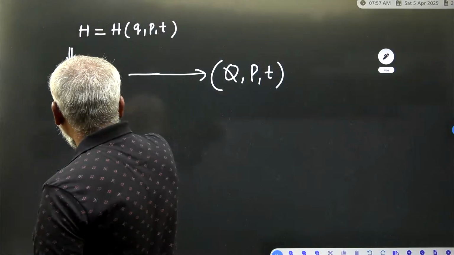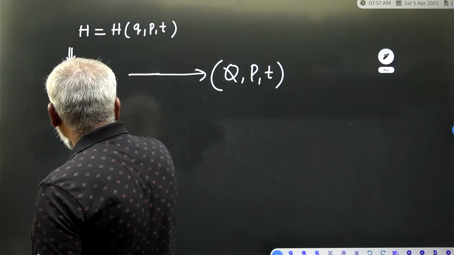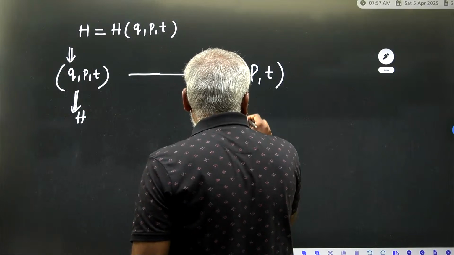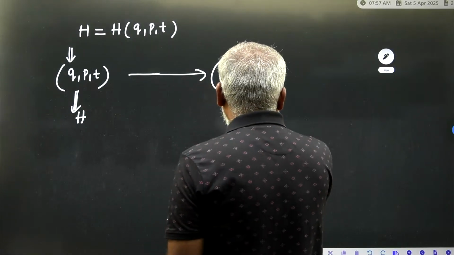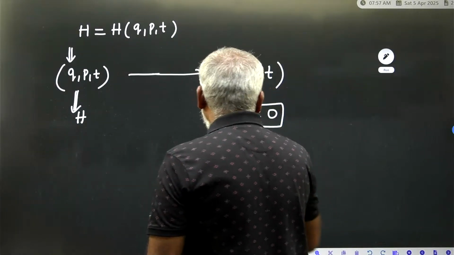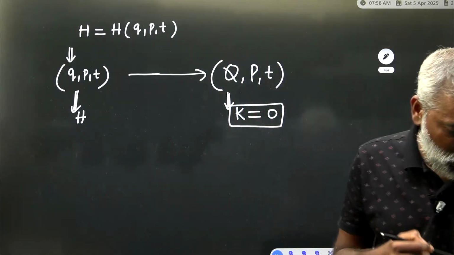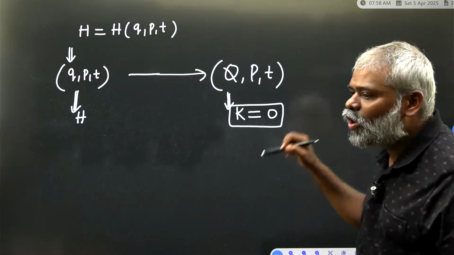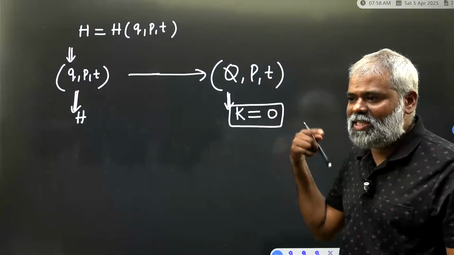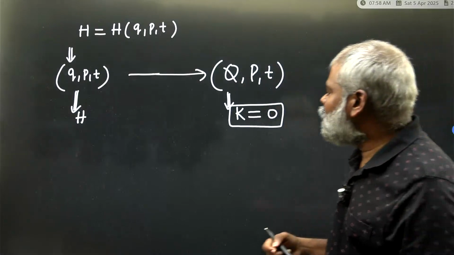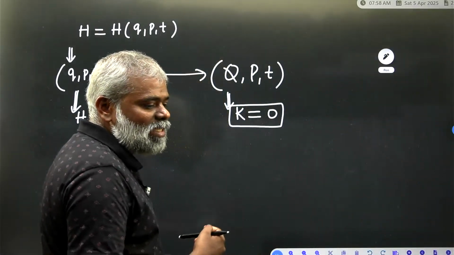The original Hamiltonian is H, and the transformed Hamiltonian you have to consider as K. We take the transformed Hamiltonian K equal to 0, with coordinates capital Q, capital P, t.